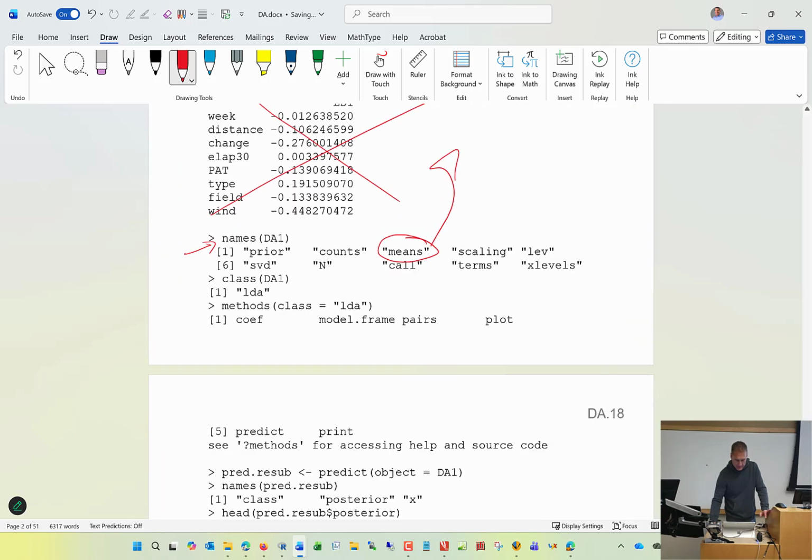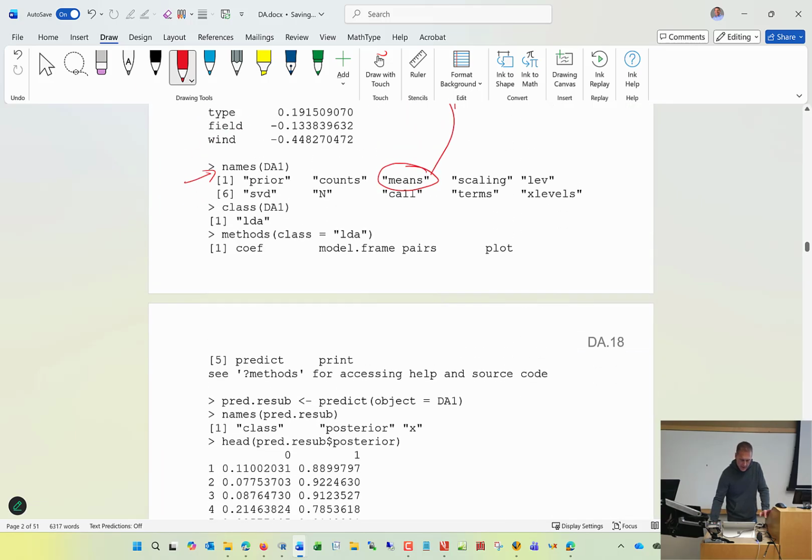We can also see what's the class of DA1. It happens to be lda. And then we can see what generic functions are associated with objects of class lda. The main thing that will be important to us is this thing called predict.